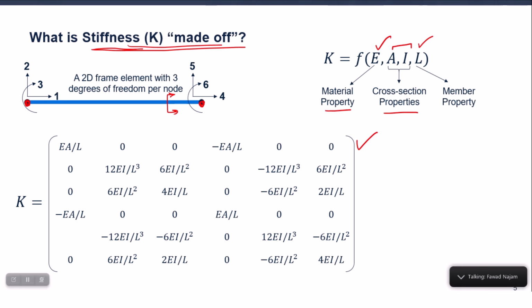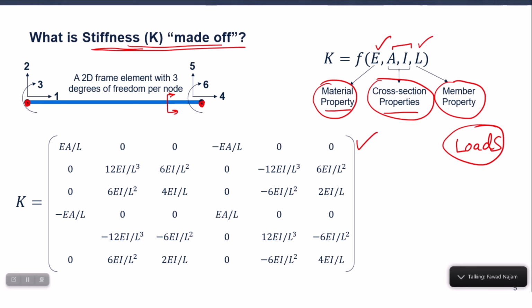So, the summary is that whenever you use a commercial structural analysis program, you need to give these 3 pieces of information at least in order to be able to run the analysis, right. The 4th piece of information will be about applied loads, right. So, you need to first define what material that structure is made of, then what the cross section shape and dimensions of the elements are, all the elements of which that structure is made, and then how long the element is, right.